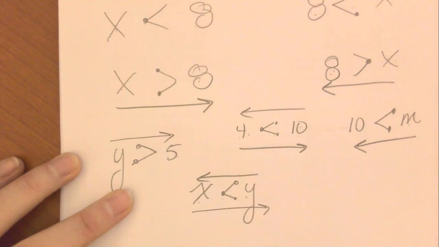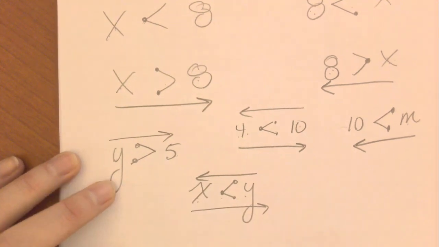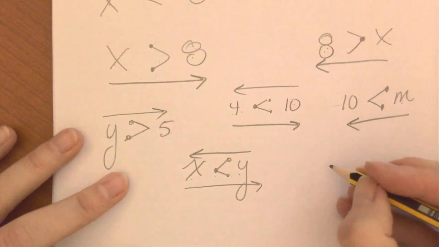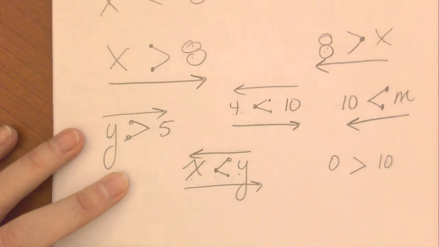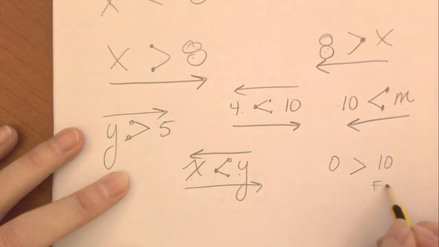Okay? We can make things true or false. So let's make something false. 0 and 10. Well, we know 10 is bigger, but I'm going to make something that's false.